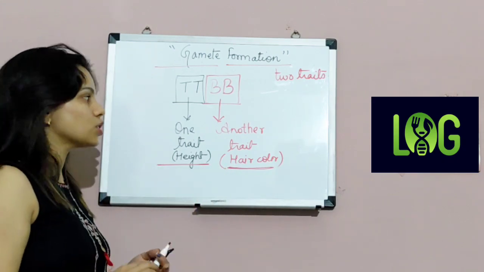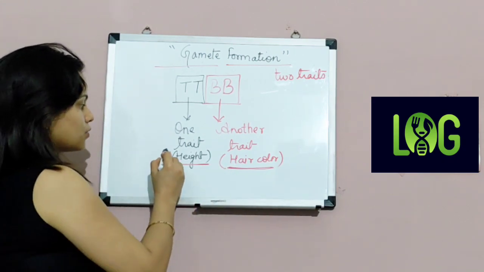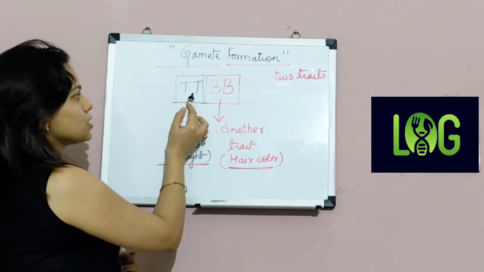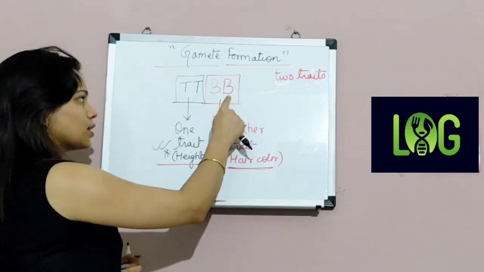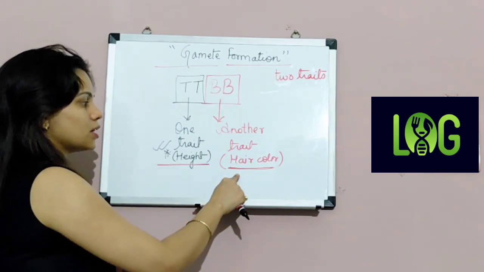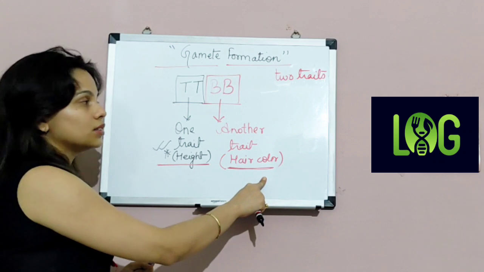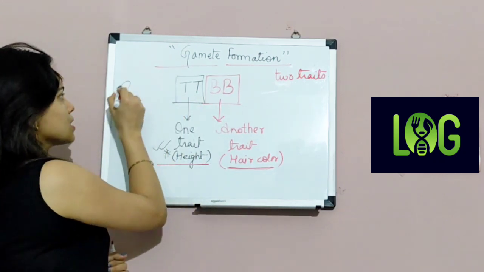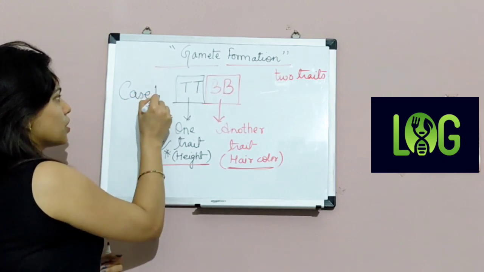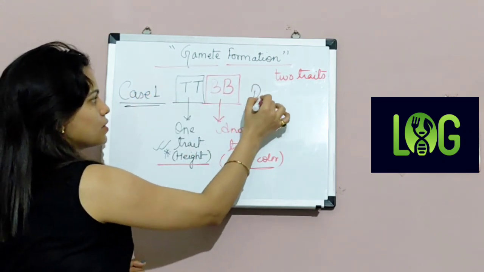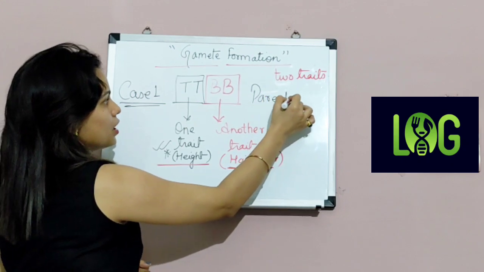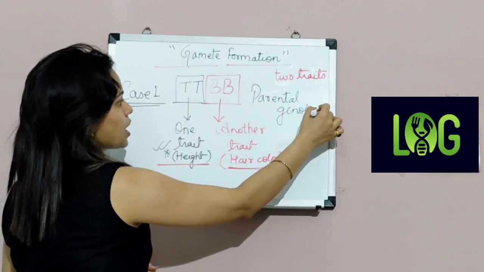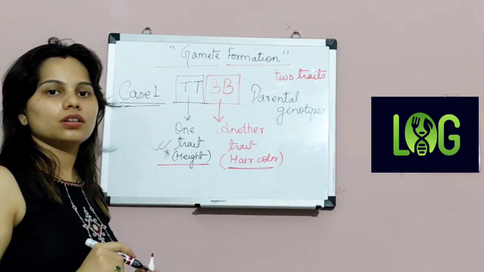Trait means character, right? The first trait, height, is shown by capital T and capital T. Capital B represents the trait hair color. Now, this is case 1, the parental genotype, in which these traits are in homozygous dominant condition.